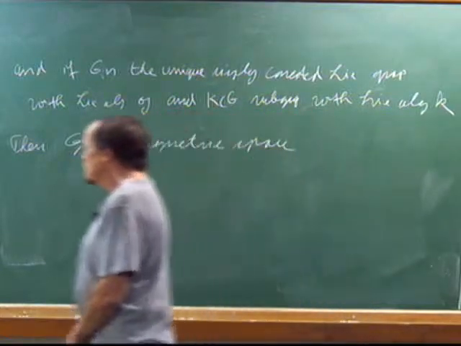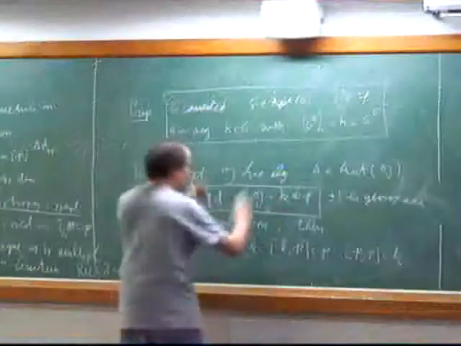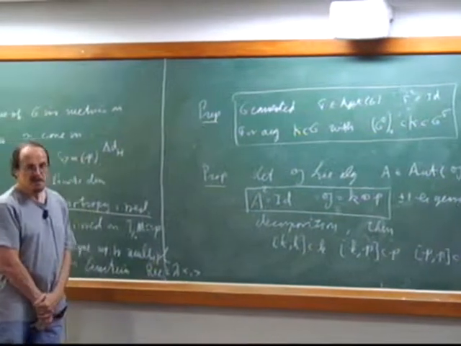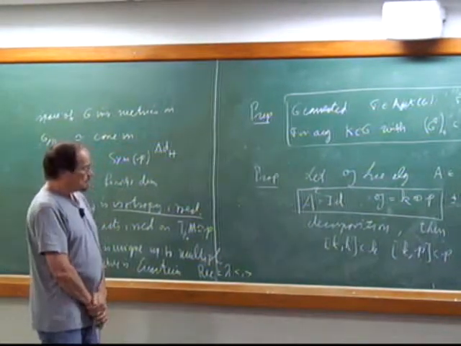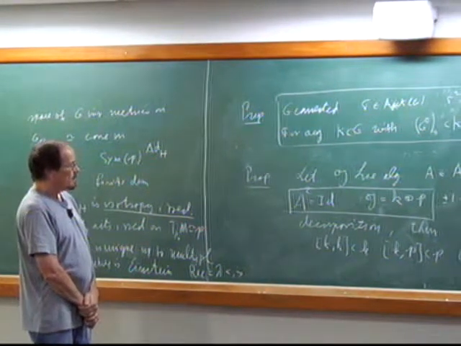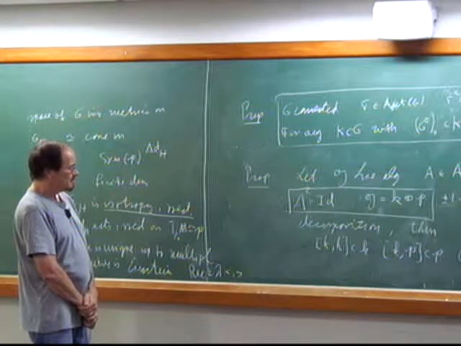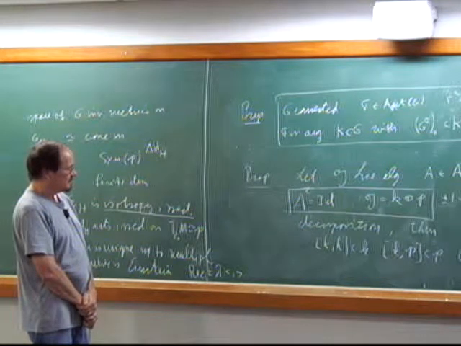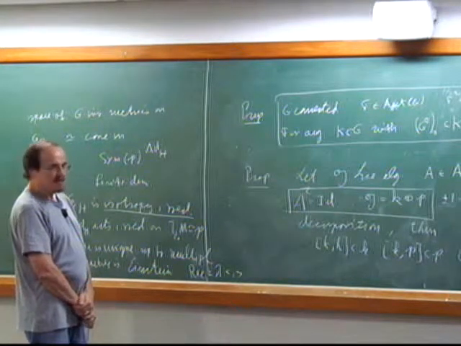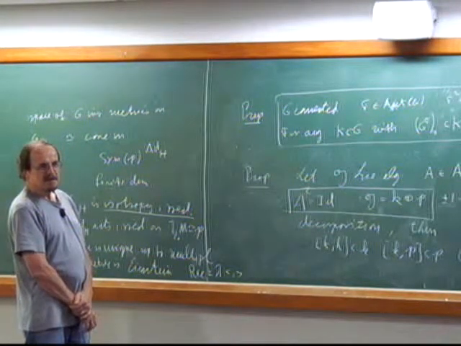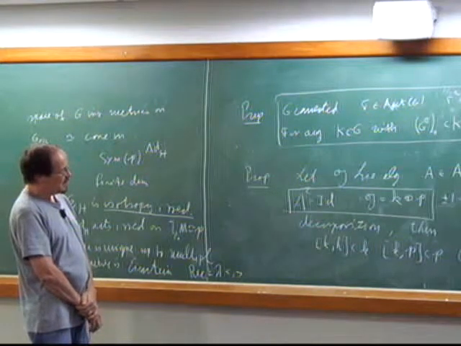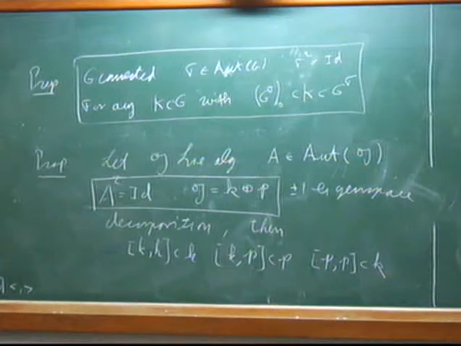So now I have a completely Lie algebra description of a symmetric space. Well, there's one thing missing. That's not quite true. What else do I need? I just erased it.